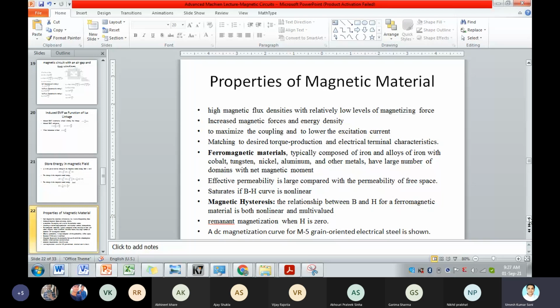Okay, and it also depends on the magnetic material properties, and on our requirement of torque production and electrical terminal characteristics. हम किस टाइप का टॉर्क प्रोड्यूस करना चाहते हैं, हमारी इलेक्ट्रिकल कैरेक्टरिस्टिक कैसी है। ओके, so some materials are, suppose, ferromagnetic materials.